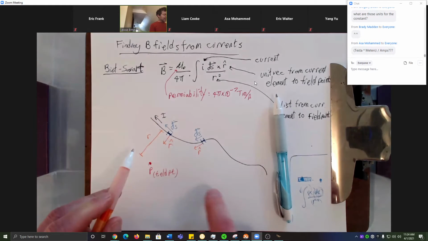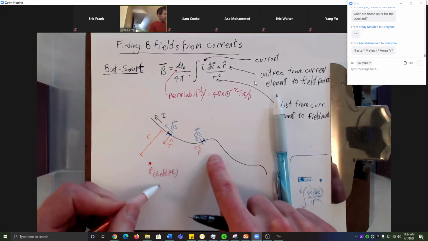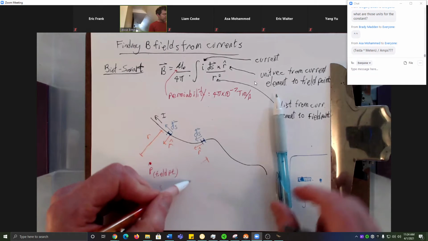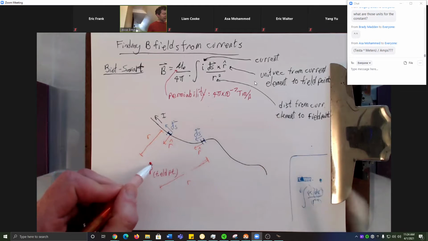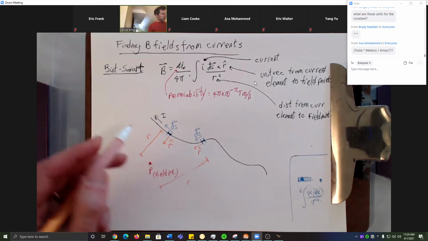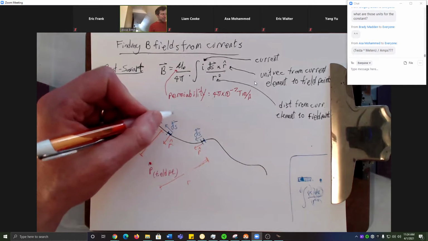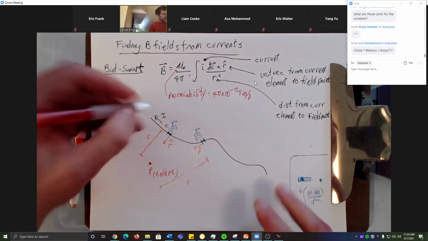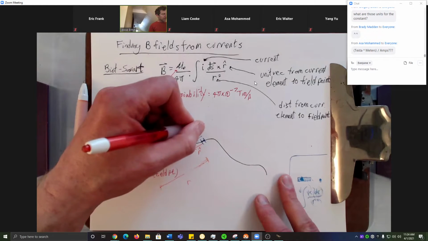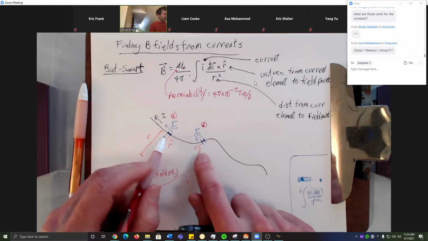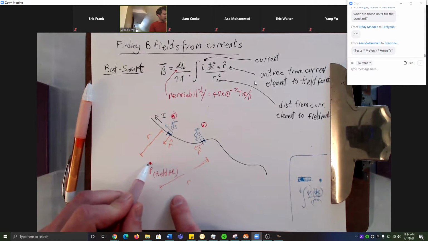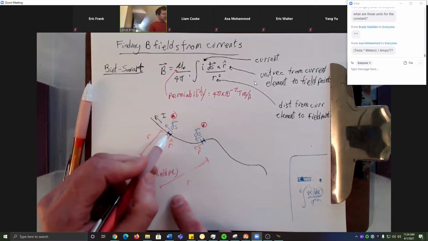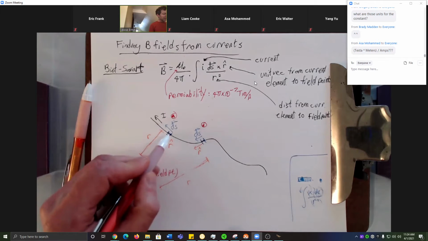And R in this case is this length, right? This element's a different distance from there than this one is. So between A and B, which one has a larger contribution to the B field here? Is it element A, or element B?